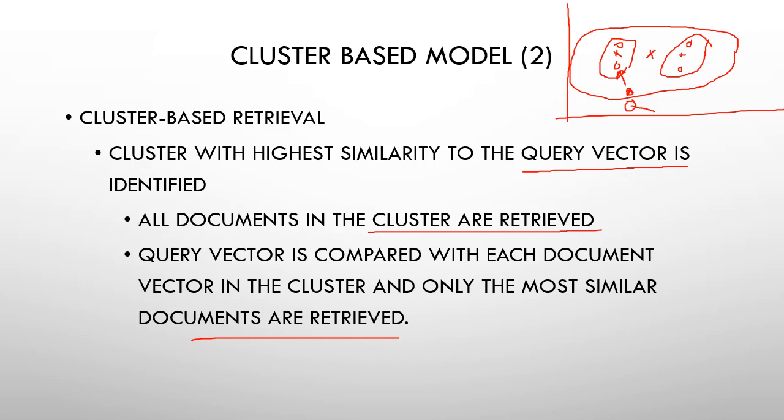And then we retrieve documents from the cluster, which consists of 2 documents. So we have to calculate another 2 similarities between the query and document number 1 and document number 2. Well, it doesn't make any difference, right? With and without clustering, we have to calculate 4 times.